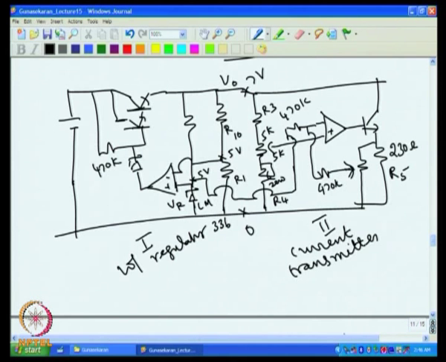So, what is the expected change at R5, assuming this potentiometer is also at the top? That is a span potentiometer, we call this the span potentiometer.